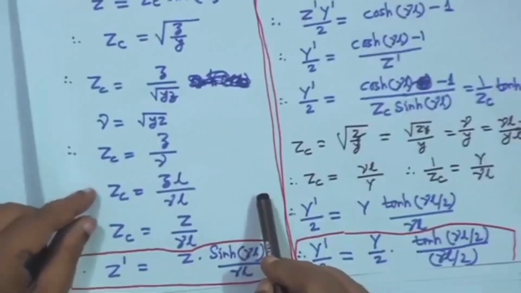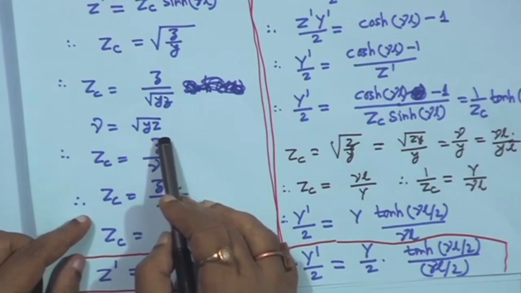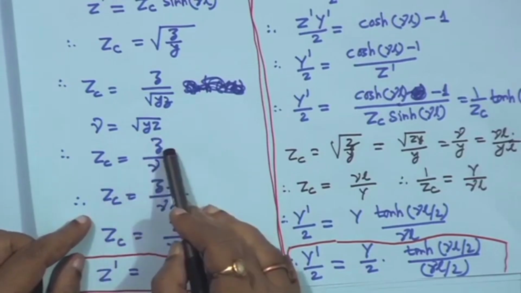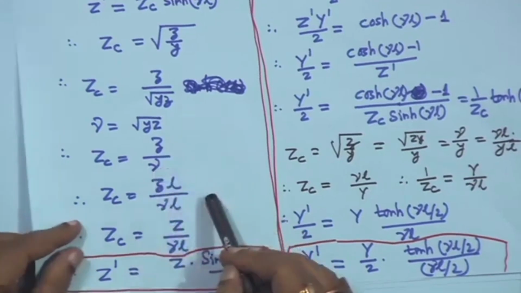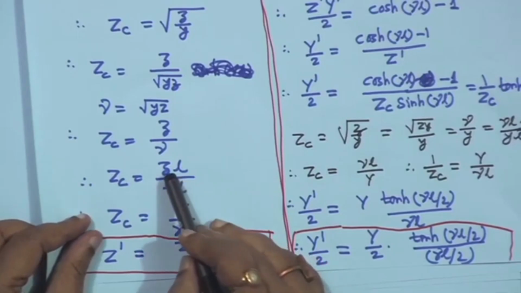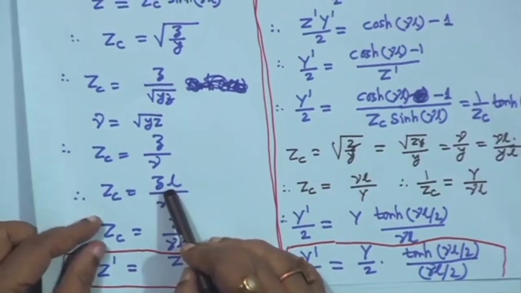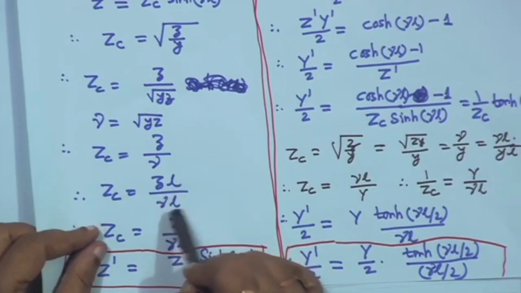But we know the propagation constant gamma is equal to root over yz, which we have seen earlier. That means ZC will be small z by gamma. Now, numerator and denominator you multiply by L, the length of the line. Small z is the line impedance per unit length in ohms, so we get zL upon gamma L.